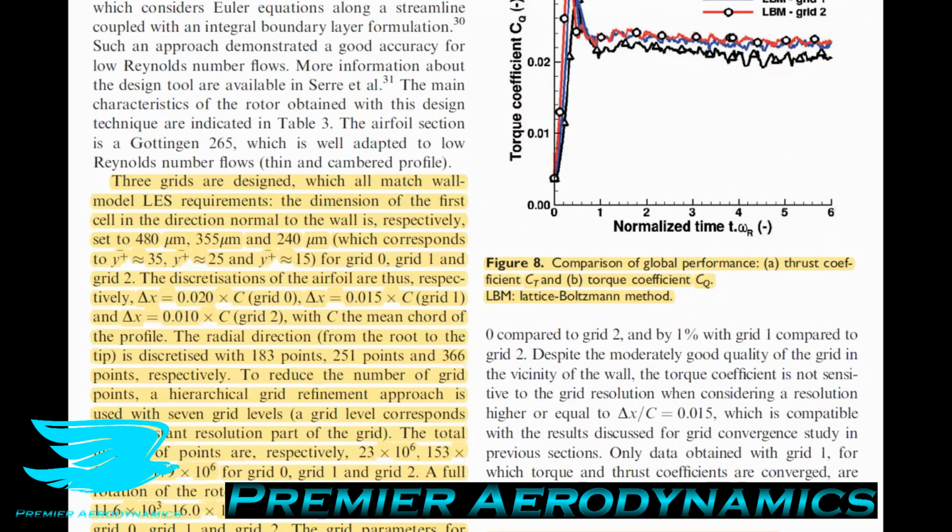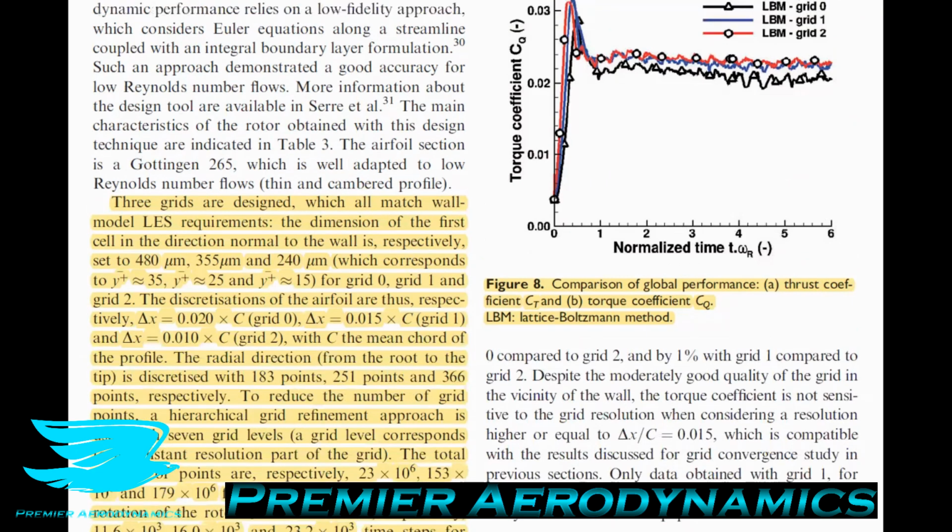They say that, however, the torque coefficient is underpredicted by 10% with the coarsest grid compared to the finest grid, and by 1% with the middle grid compared to the finest grid. So once you hit the middle grid, you're effectively reaching mesh independence, or grid independence in this case.